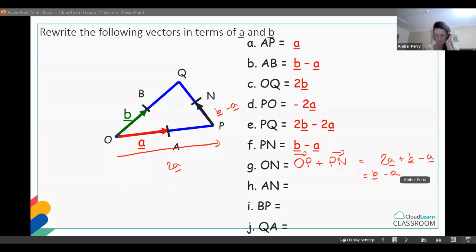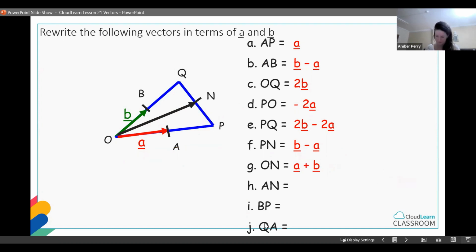So ON should be... and I've done that wrong. Why have I done that wrong? Oh, B plus A, sorry, because 2A minus A is actually a positive A, not a negative, silly me. So how did I know I couldn't possibly be right? Well, my brain saw that this other distance was B minus A, and there's absolutely no way this distance can also be B minus A. So do think, does my answer make sense?